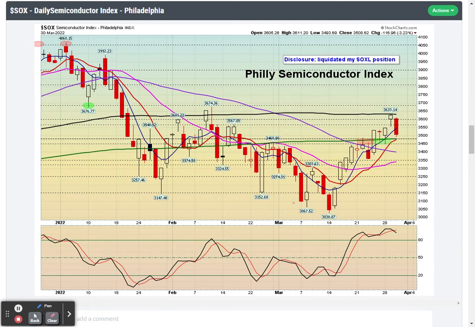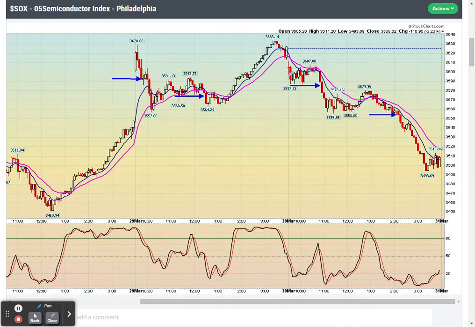Now for the semiconductor index, this one took a big hit today, big sell-off. For the record, I liquidated my position, so I'm no longer long the semiconductor index. Let's take a look at the 5-minute chart.